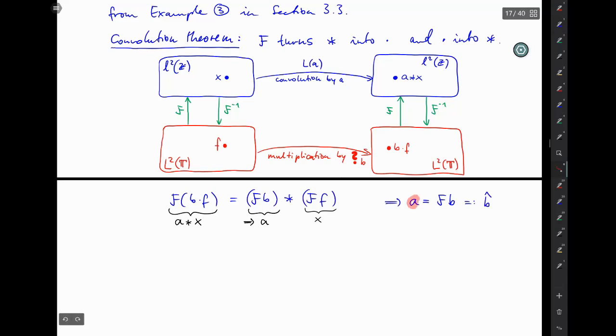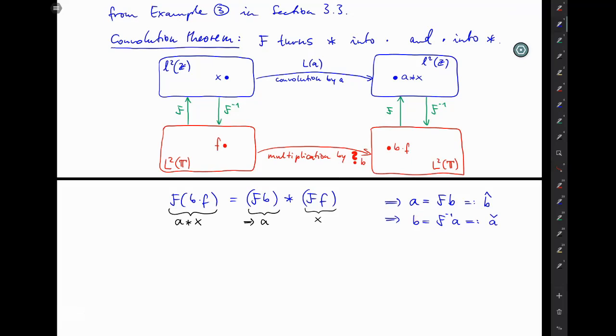But now a is given and we want to express b in terms of a and not in the other direction. So let's agree on the following convention. Let's write little a with an upside down hat to denote the pre-image under the Fourier transform.